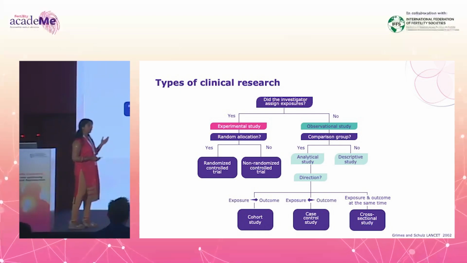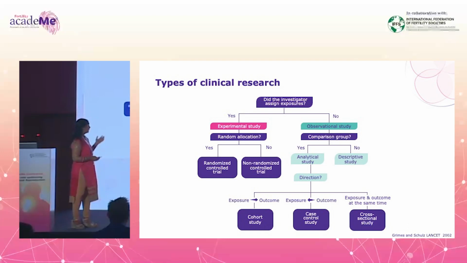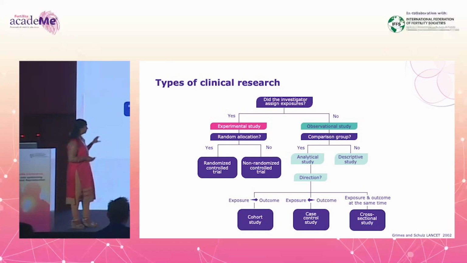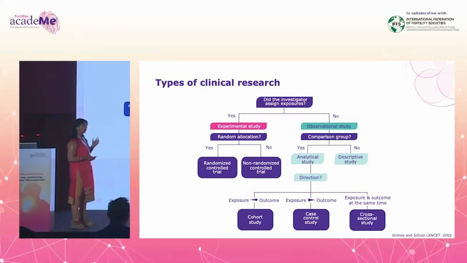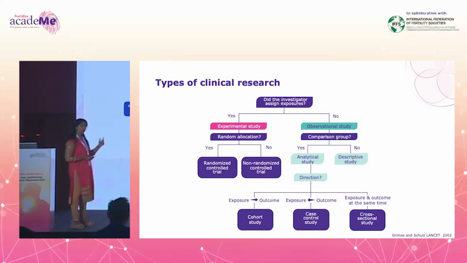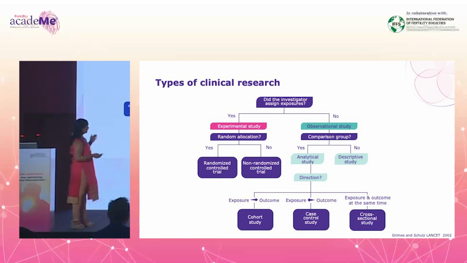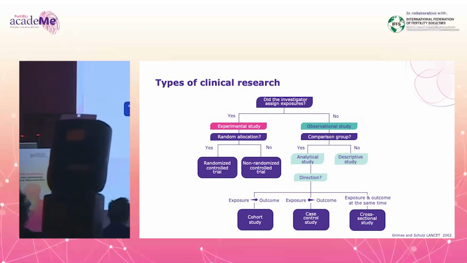And within analytical studies, the types of studies depend upon the direction or the timing of the exposure and the outcome. So if you look at the boxes right at the bottom, the types of observational analytical studies, whether there are two groups, the exposure, the intervention treatment group, and the control group, what are the different types? We can then define them based on the timing of the exposure and the outcome, or the direction of the exposure and the outcome.